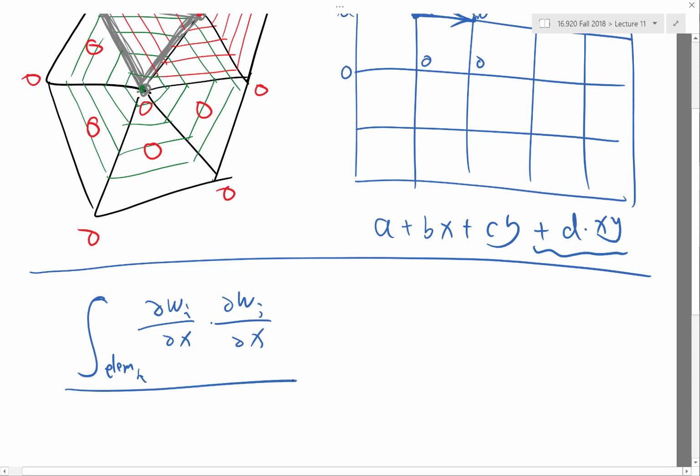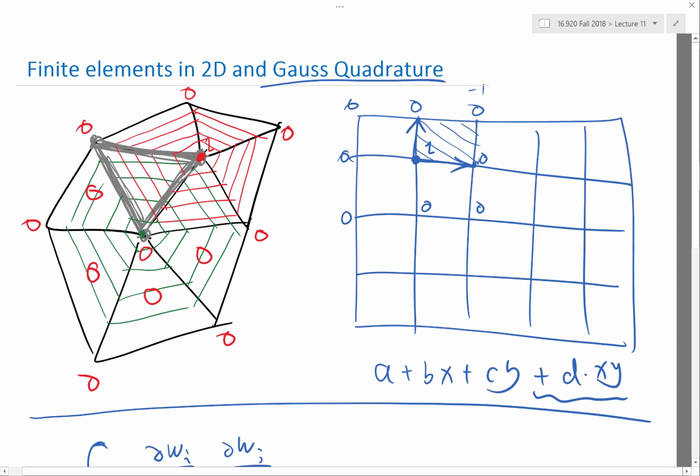It is not always the case that you will have analytical forms that come out. So a pretty general way of computing these integrals is a method called Gauss Quadrature. Quadrature is just a way to say I'm going to be approximating an integral.